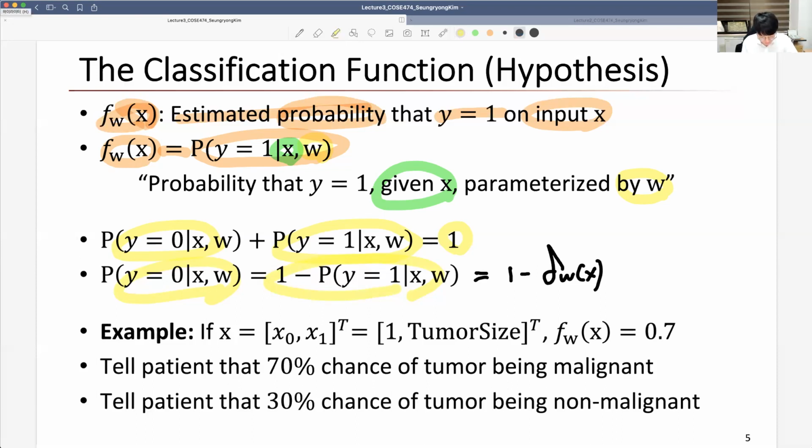So here's an example. Let's say the input x is going to be x0 and x1, where x0 is 1 and x1 is the tumor size. And let's say we already have the mapping function, meaning that we already have the learned parameter w. Then the output of this mapping function is 0.7.